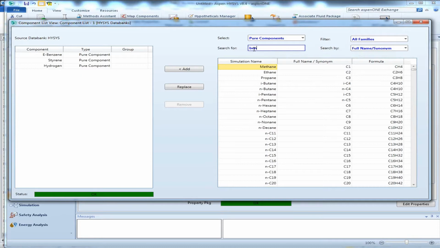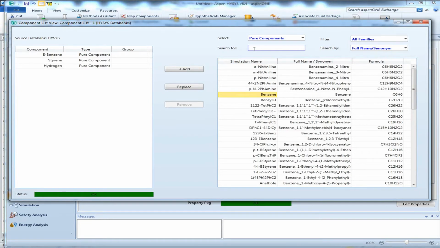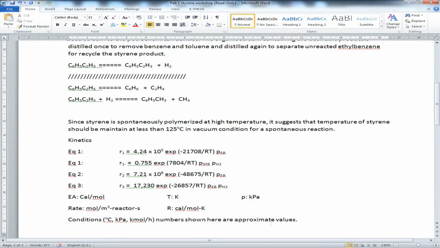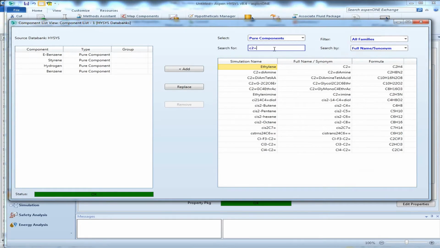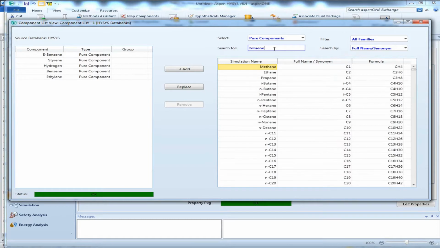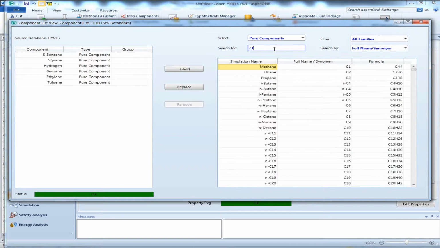And then we do have benzene and ethylene, C2 double bond, and then toluene, and the last one is C1.